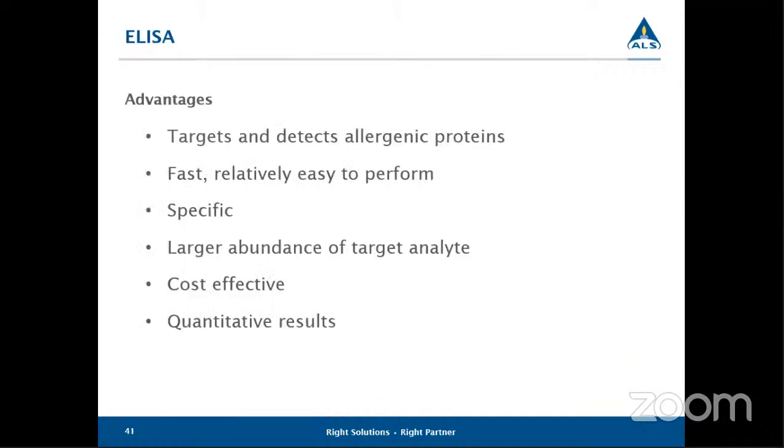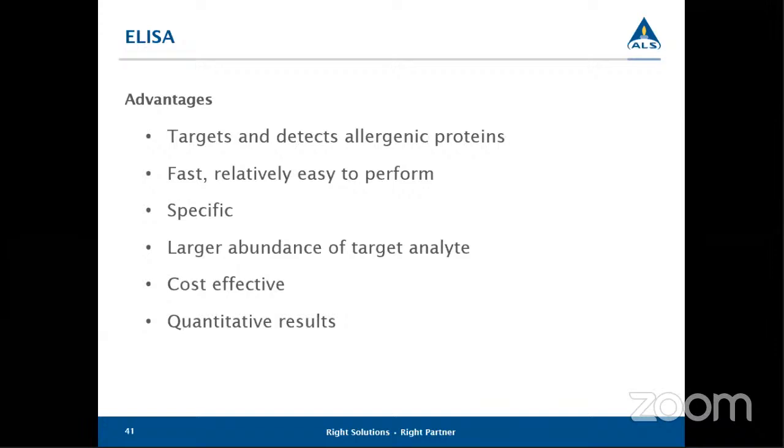So the ELISA technique is very common for allergen analysis because it has a number of advantages. ELISA is particularly suited for detecting proteins, and in the case of allergens, it is proteins that are the most common cause of allergies. So it's a very good fit in terms of the target that we're looking for.